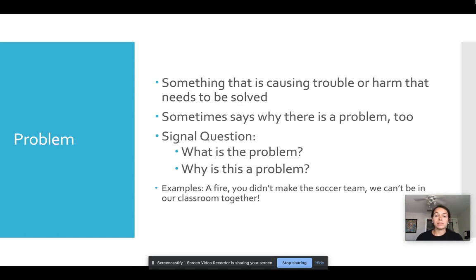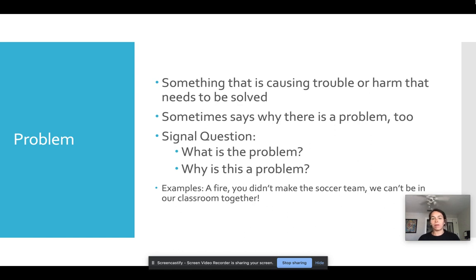Sometimes it says why there's a problem too, so the causes of a problem. That's why it's a little tricky to distinguish between cause and effect. So we're identifying the problem, and why there's a problem. And some signal questions we can look for are: what is the problem and why is this a problem?